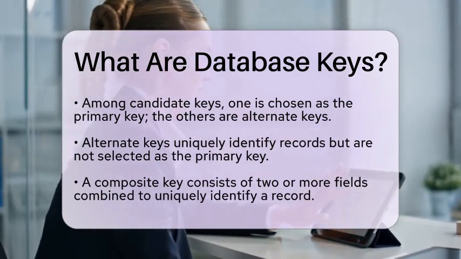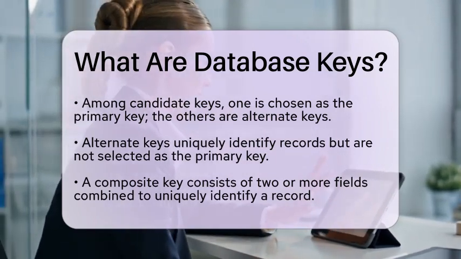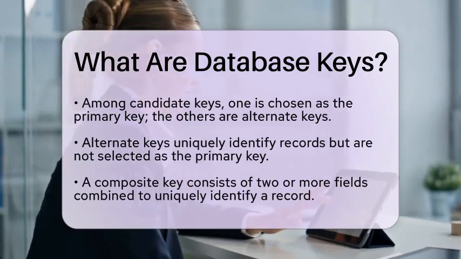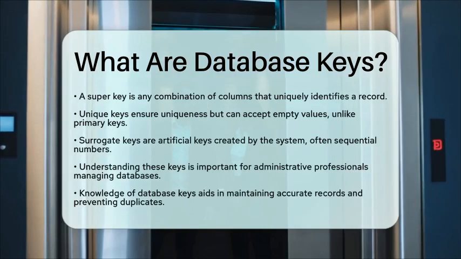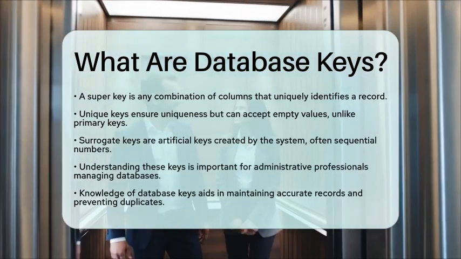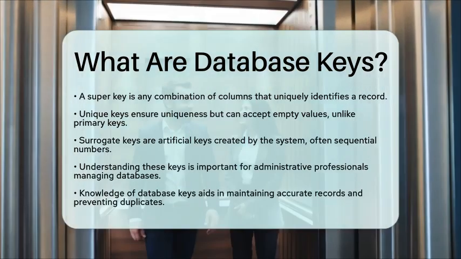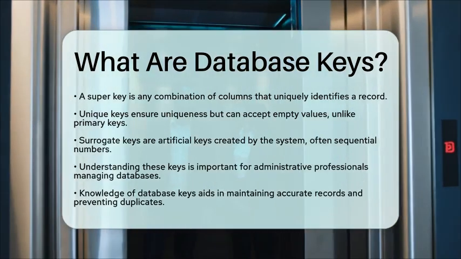Understanding these database keys is essential for anyone pursuing an administrative career. Administrative professionals often manage or interact with databases to organize employee records, schedules, and other important data. Knowing how these keys work helps in maintaining accurate records, preventing duplicate entries, and ensuring that data relationships are correctly established.